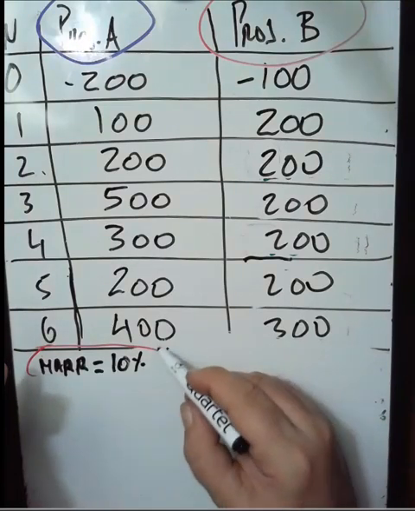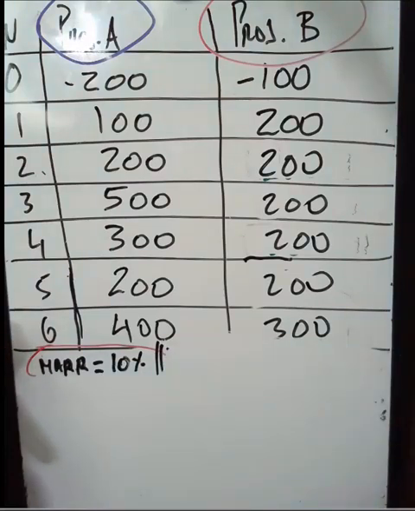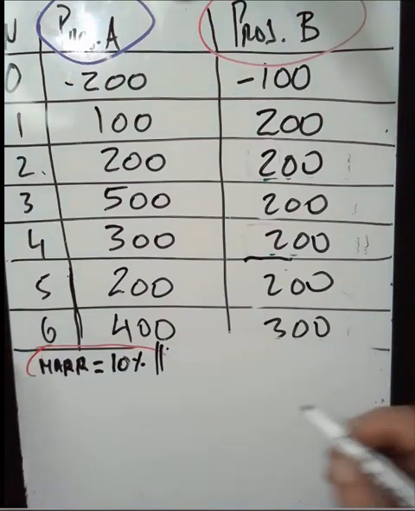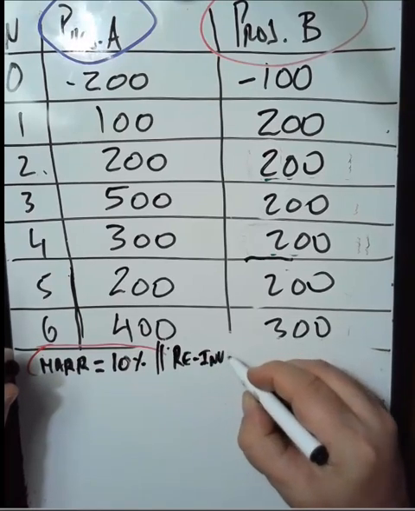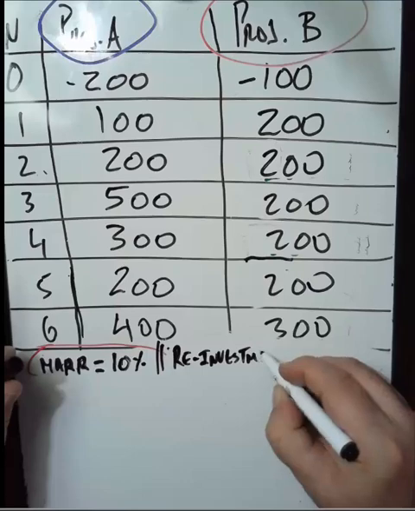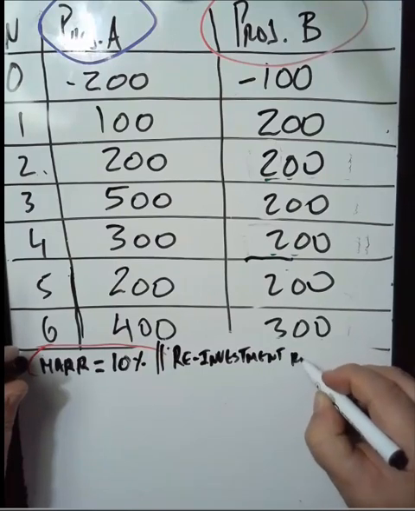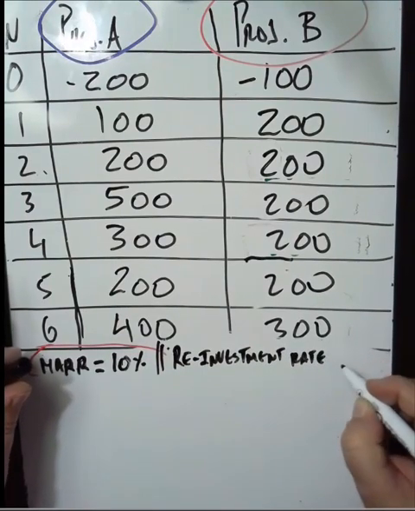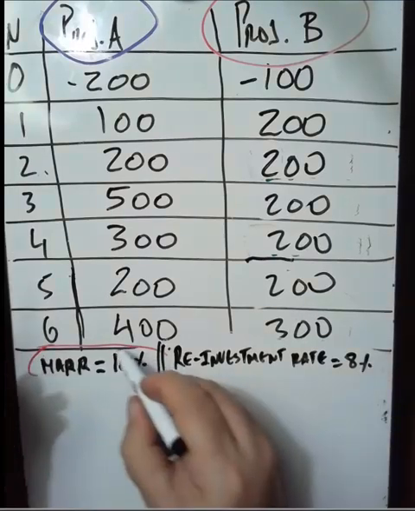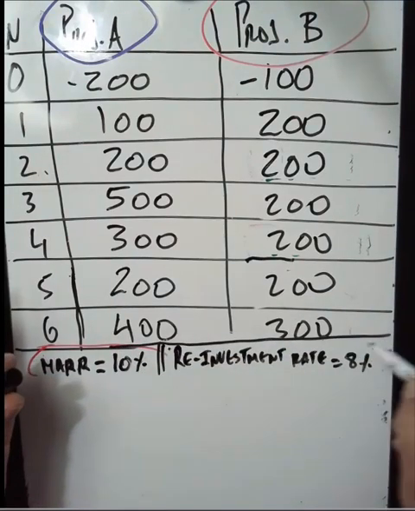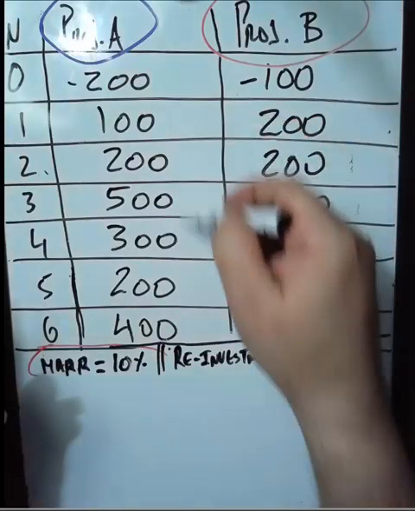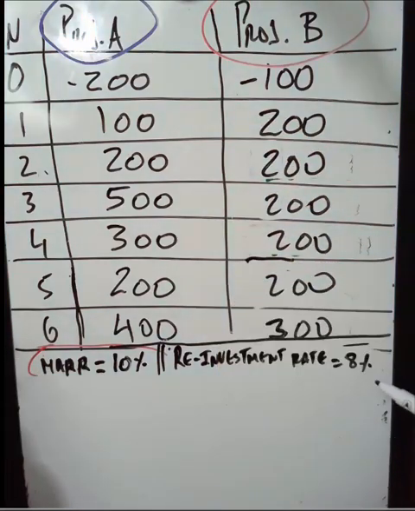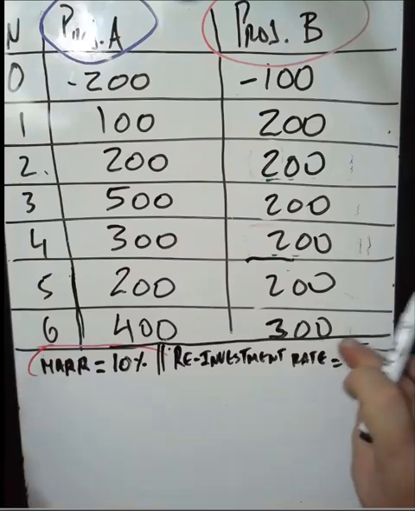But let's say that I'm giving you a reinvestment rate, and that's what I typically do in the exercises, for example, in quizzes. So let's say that there is a reinvestment rate of 8%, meaning that you are going to reinvest the positive cash flows that you earned throughout this project in some financial security that gives you an 8% return.